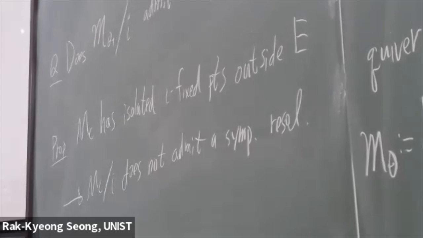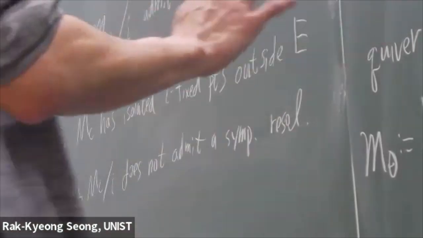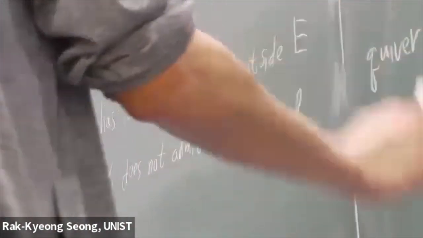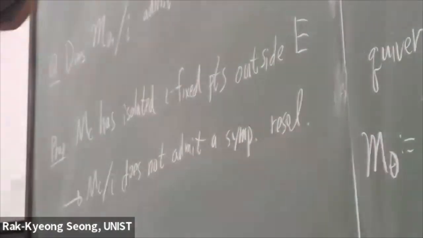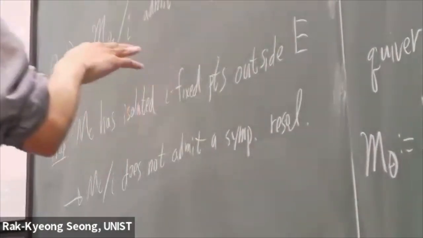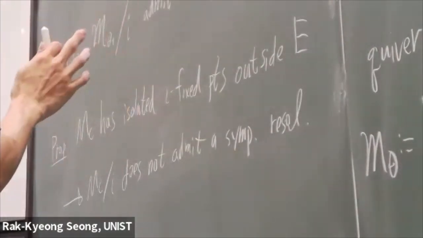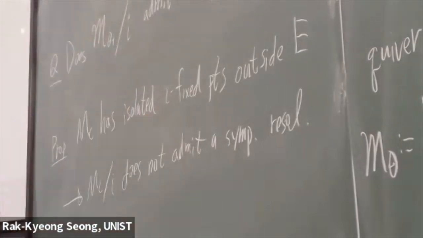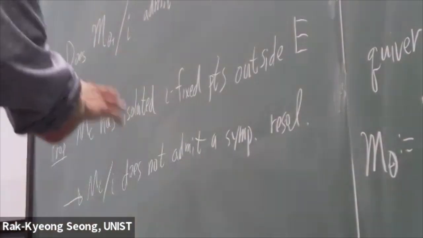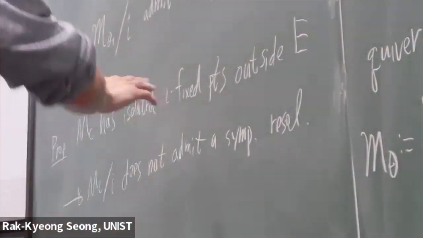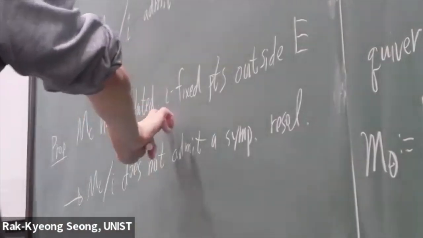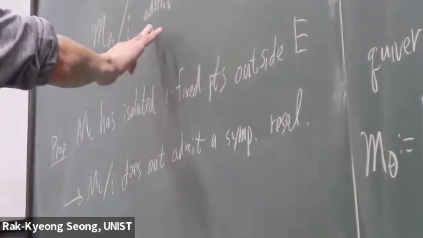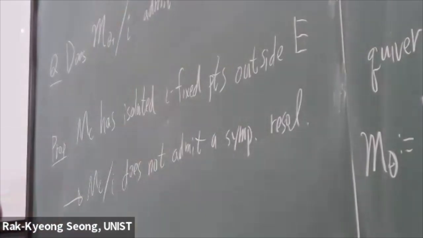And for abelian surfaces, the story is basically similar. So at least around E, the moduli space has the same singularity as the quiver variety. But outside E, the situation must be different compared to the K3 surface case. If outside E there are no fixed points with respect to I, then this becomes an important question.